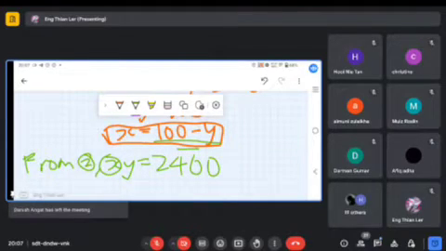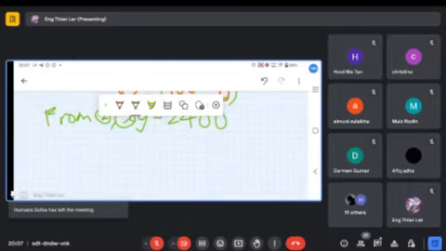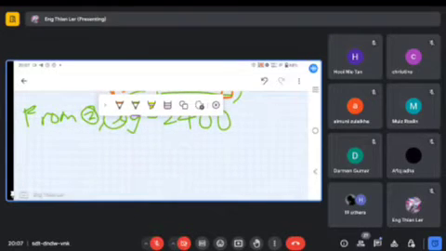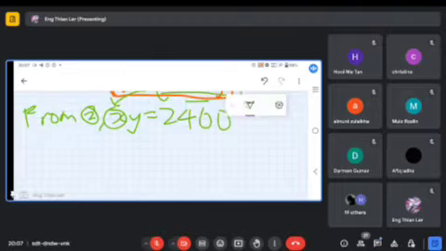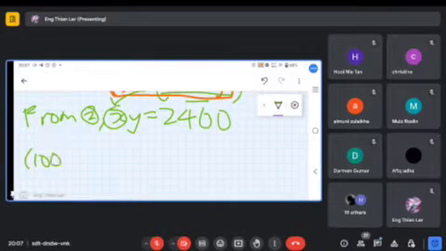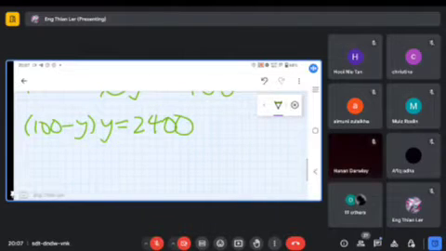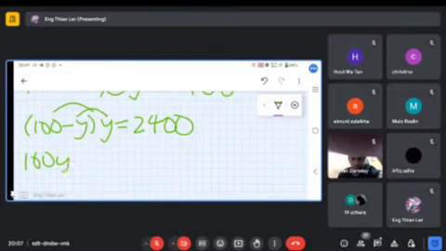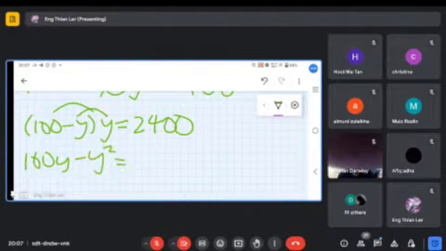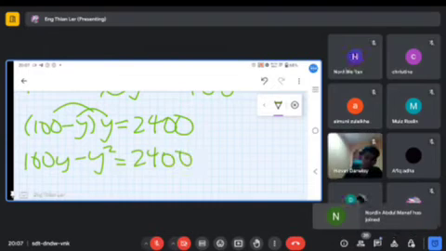If we substitute 100 minus y into this, we will eventually find the value of y. So let's go ahead and do it. I will replace the x with 100 minus y. 100 minus y multiplied by y is 2,400. We expand this and get 100y minus y squared equals 2,400.